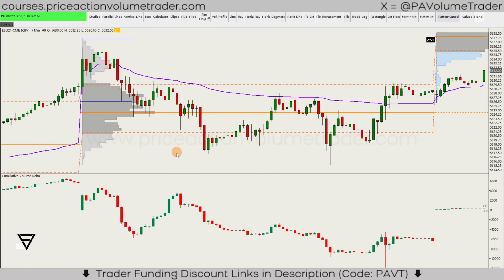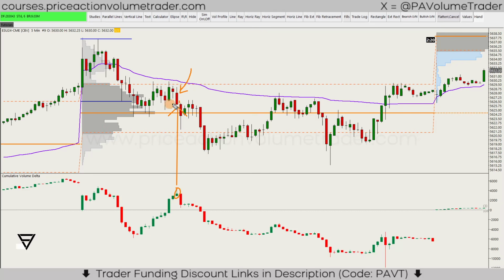And then you can see right here, for example, on this candle right there, we have price pushing up, we have a green delta candle here, and yet look at how bearish this candle on the chart looks.